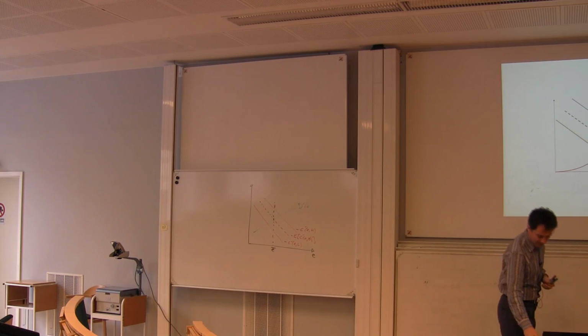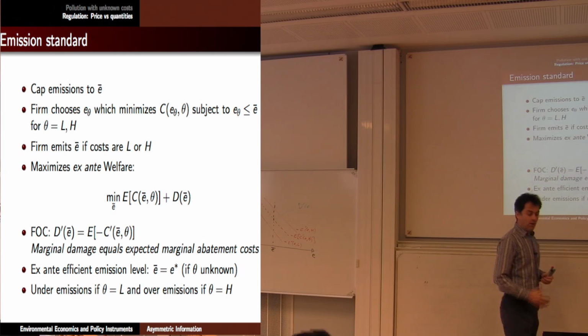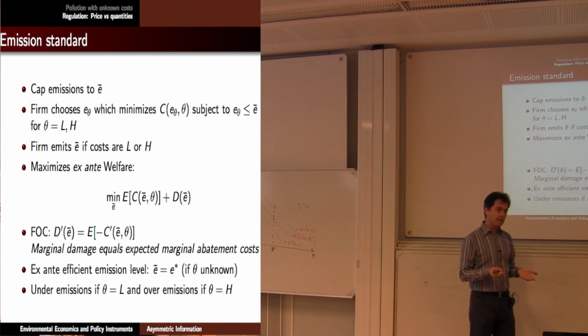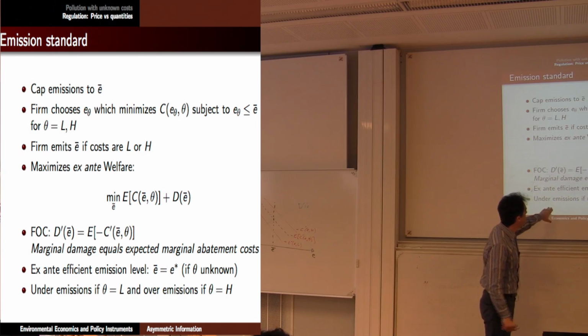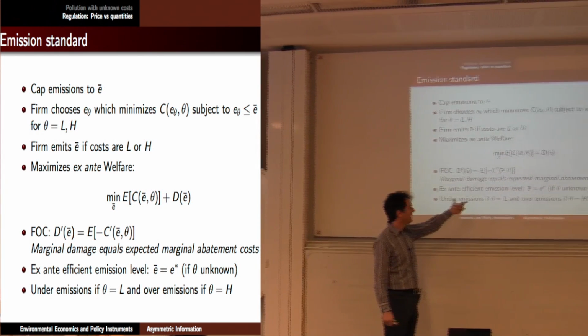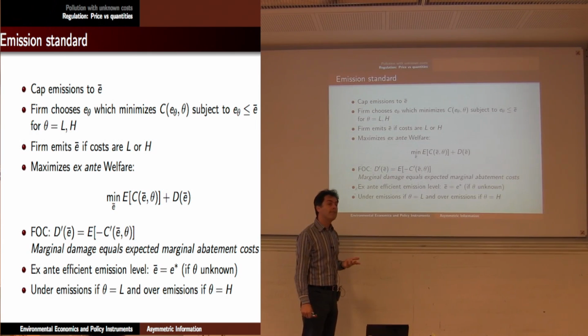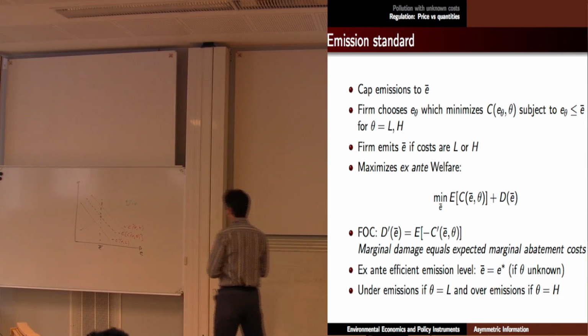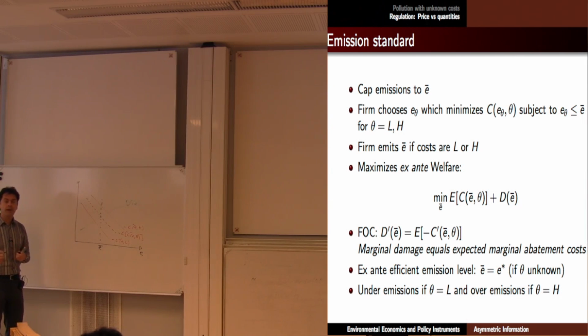This is the story. Now, we're going to compare this emission standard or emission cap with the best tax. But before that, I just want to compare this cap with the first best. Remember, the first best will be to equalize marginal abatement to marginal damage, but the problem is that marginal abatement depends on the type of firm.